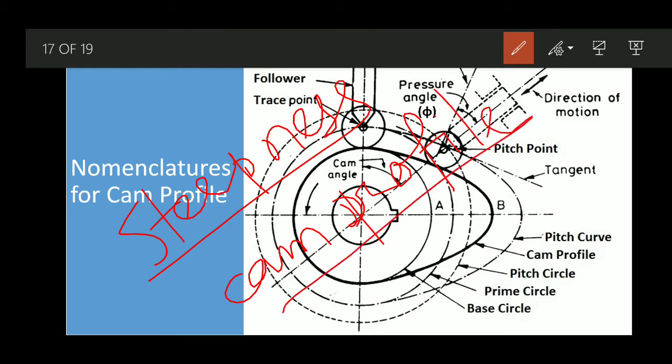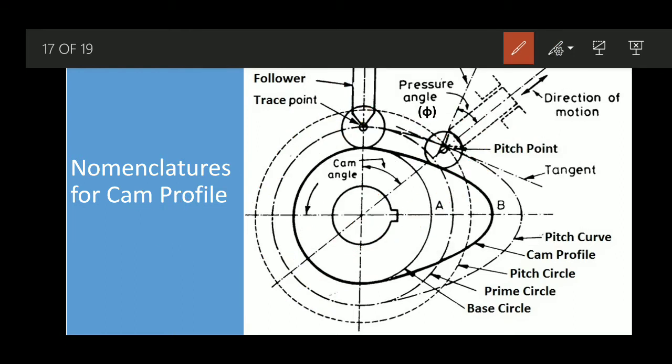If we are talking about creating proper motion, we should not have any sudden deviation in the velocity, acceleration, etc. So a smooth cam profile can pick up that motion without any kind of jar. This pressure angle gives you the indication of the stiffness of the curve, and it is very important during the design of this cam.